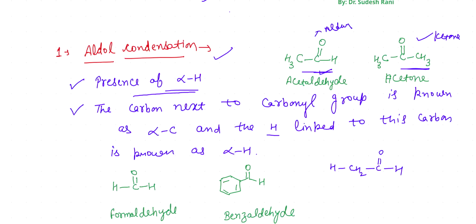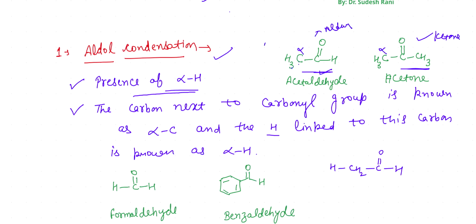Clear? Okay. So the carbon next to the functional group, here the carbonyl group, is known as the alpha carbon. This is your alpha carbon. And the hydrogens linked with the alpha carbon are known as alpha hydrogens.